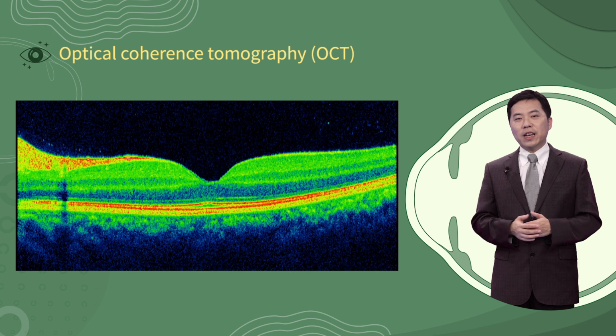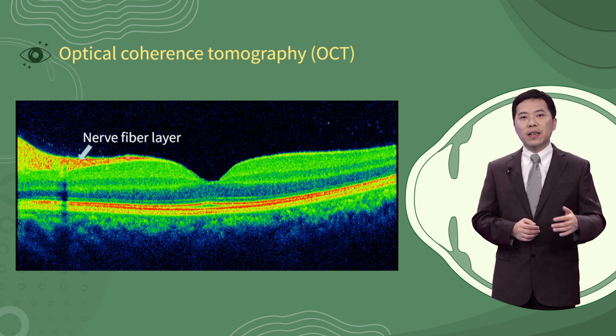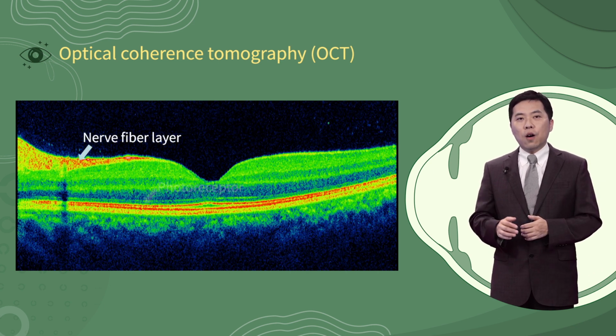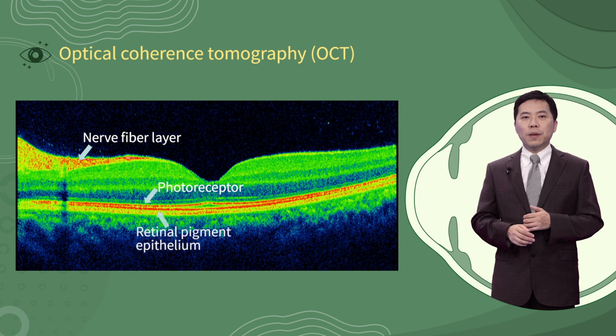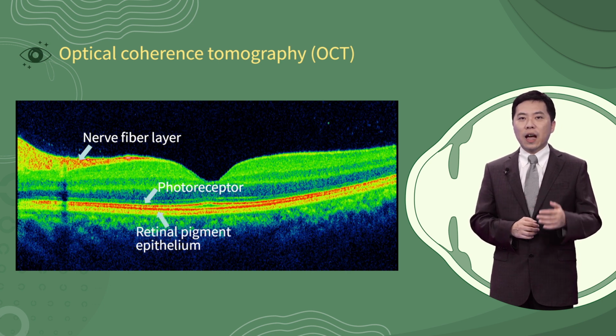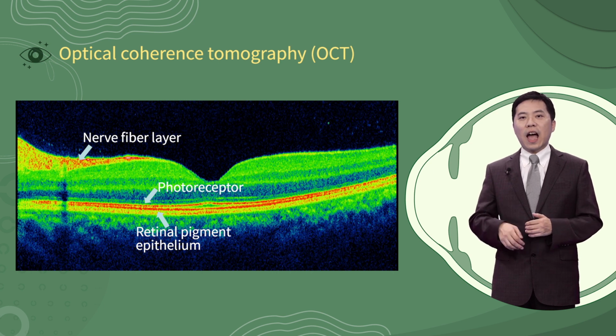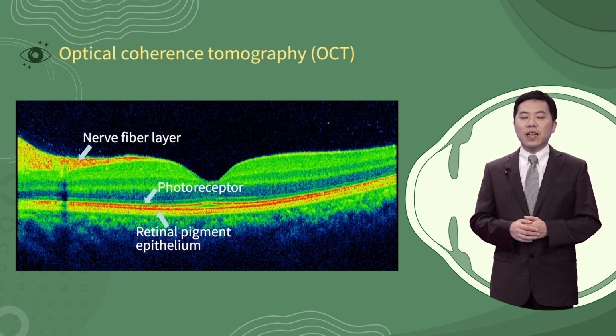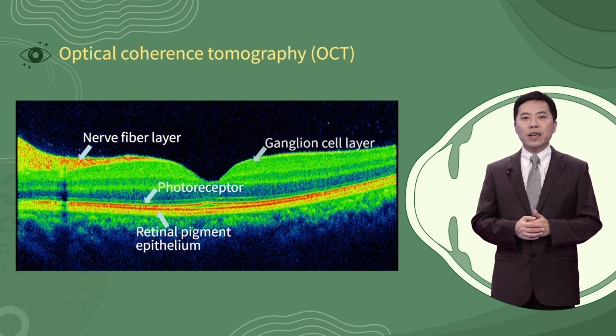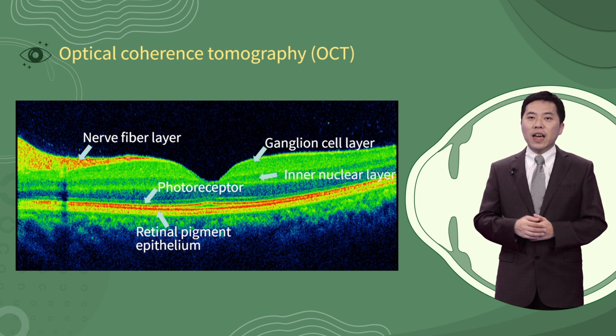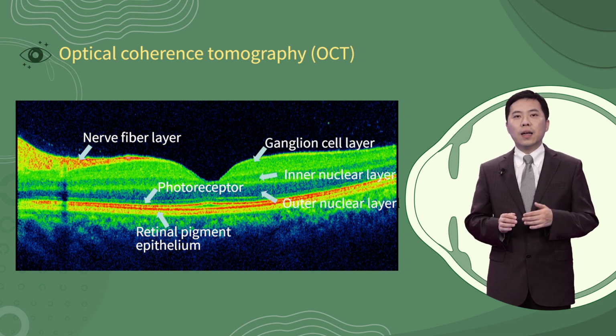The high refractive layers are nerve fiber layer at the inner retina, photoreceptor and retinal pigment epithelium layer at the outer retina. The low refractive layers are neuronuclear layers, including the ganglion cell layer, inner nuclear layer, and outer nuclear layer.